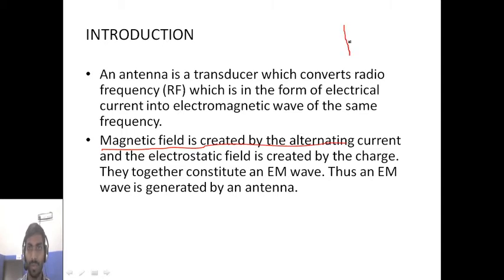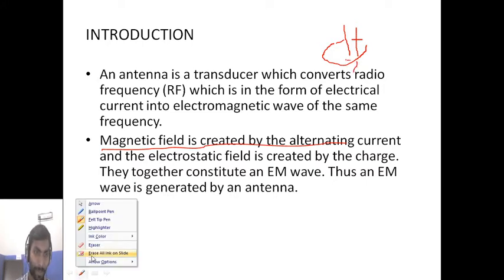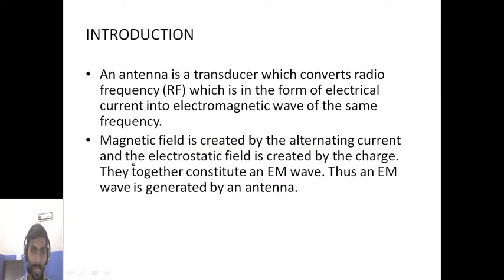Your alternating current will be passing through this wire, and with the help of that alternating current you are going to see a magnetic field which is generated. And then your electrostatic field. How is your electrostatic field generated? Whenever you say a conductor, let me take the PN diode, which you might be familiar with, a semiconductor.